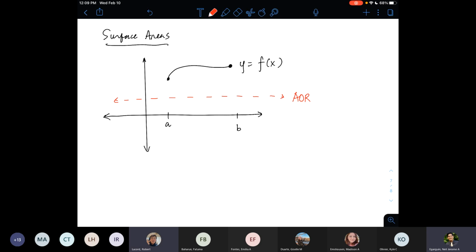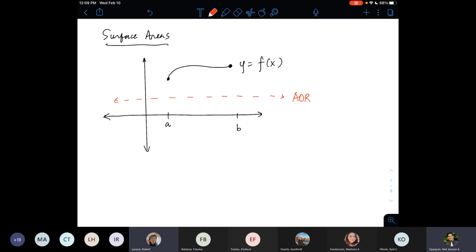So this is different from what we did last time when we rotated a shaded region. If you rotate the shaded region all throughout about the AOR, you will form a solid with non-hollow parts inside, right? But if you are just rotating an arc like what we are doing here, what you get is a three-dimensional object that is empty inside, right?